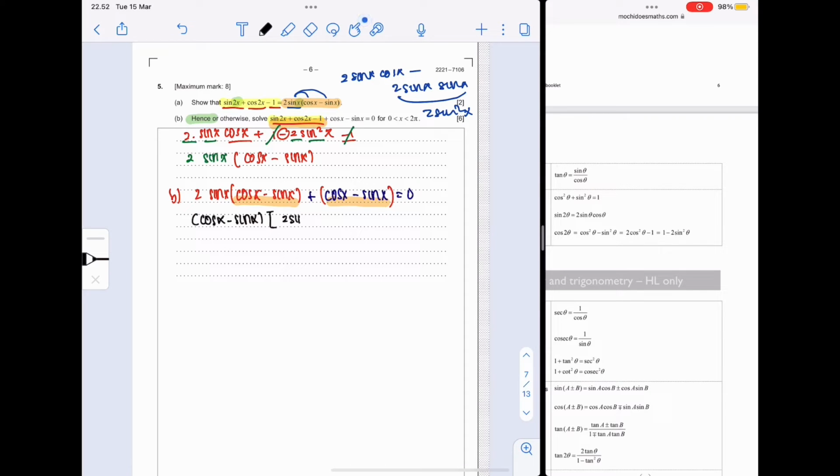That will be 2 sine x plus, please remember, when you take everything out as a factor, it doesn't mean that the remainder you need to write will be 0. It's supposed to be 1. So it's a 1 here. Okay? Equals 0. So it means the first bracket will be 0, or it could be the second bracket that equals 0.